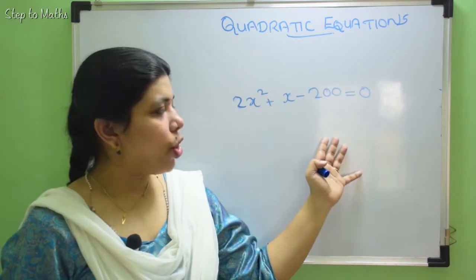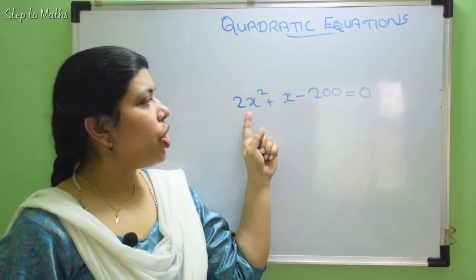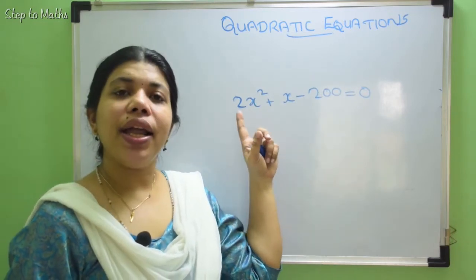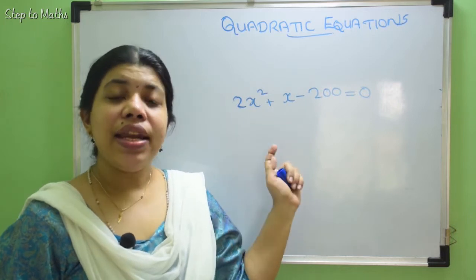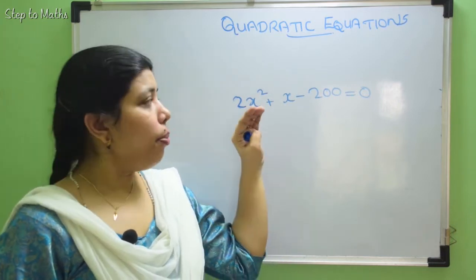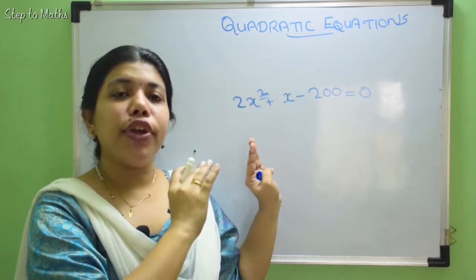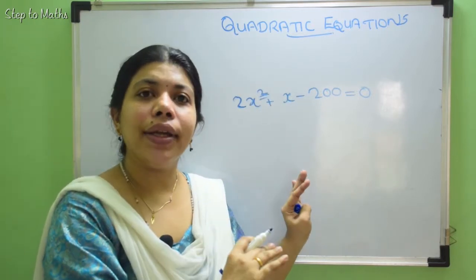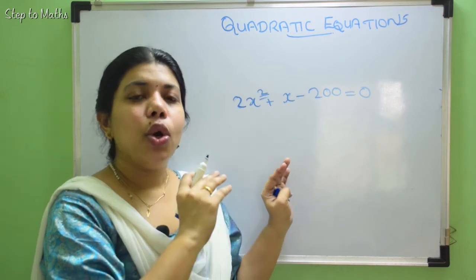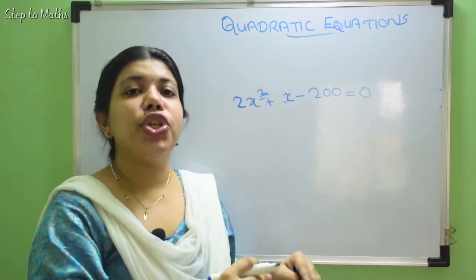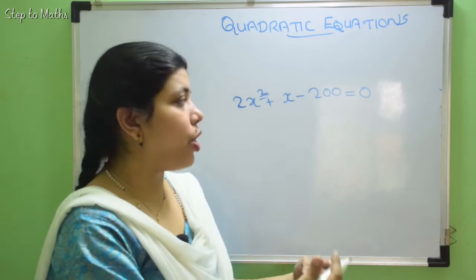Consider this equation. It involves one variable x and its maximum index is 2; that type of equation is a quadratic equation. What is the standard form or general form of a quadratic equation?